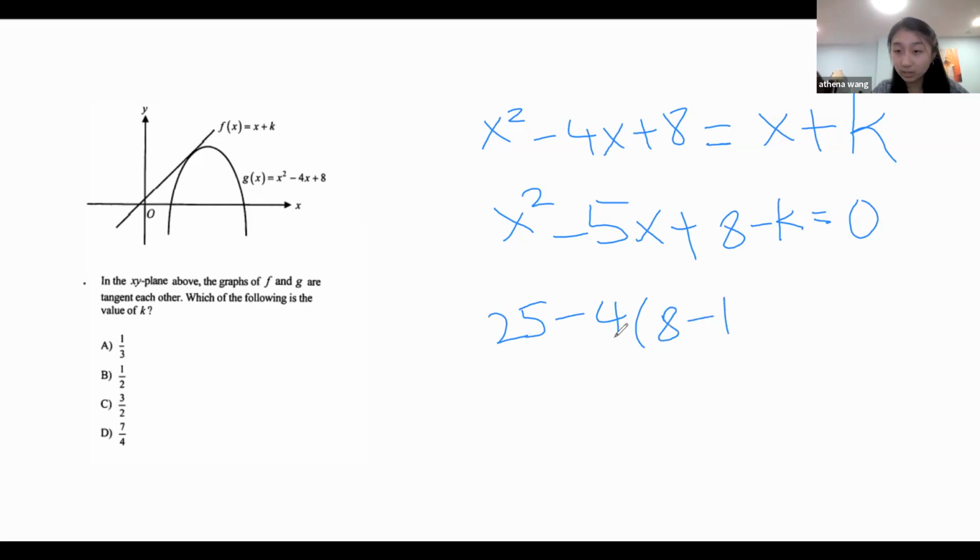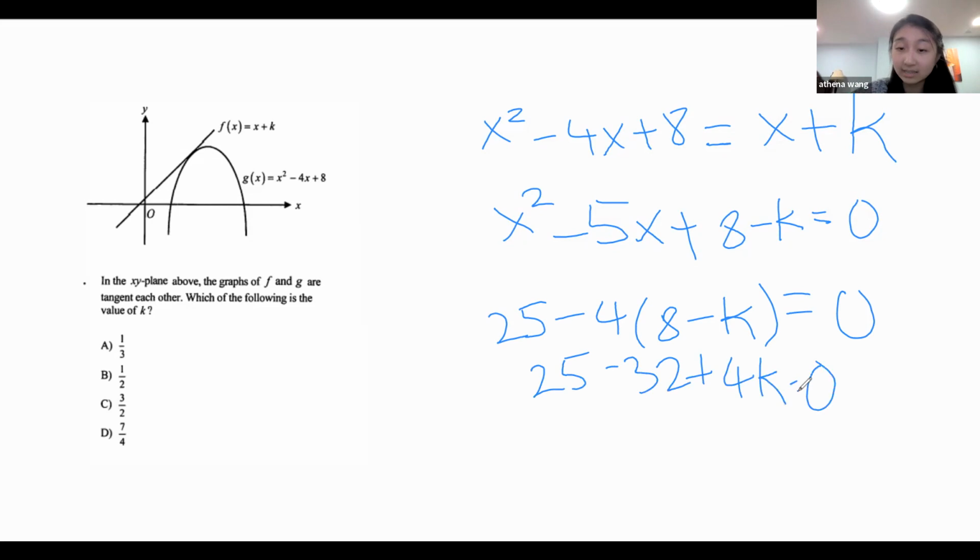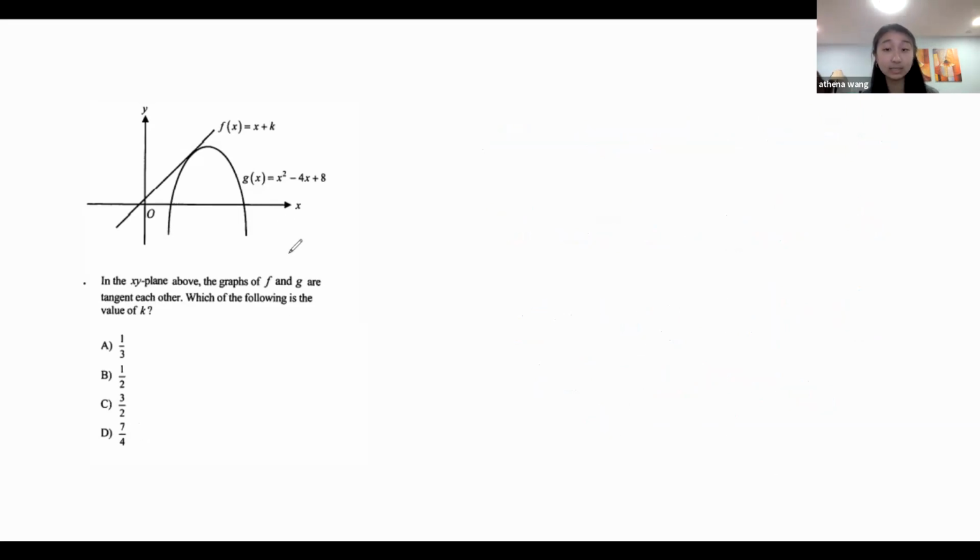Since a is 1, I'm just writing 4 times a minus k. This must be 0. So we have 25 minus 32 plus 4k is 0. And so we have 4k, I'm skipping a step again, is 7. And so k is 7/4. Okay, and that is how we got D.